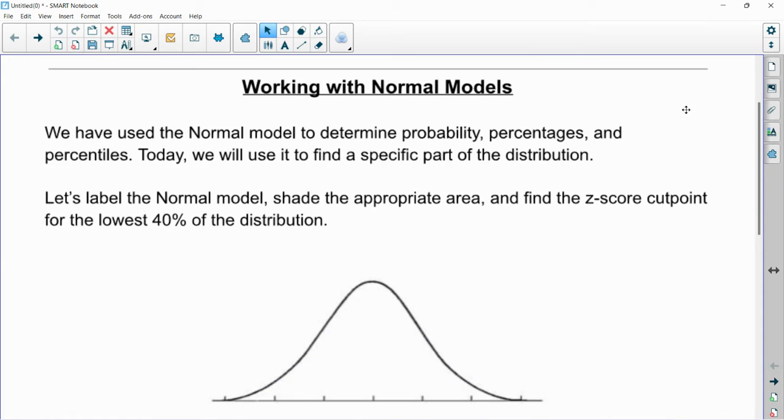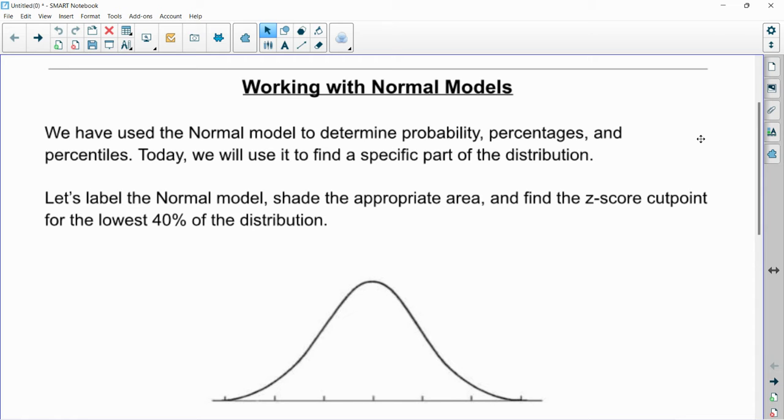And basically, what we're going to talk about today is working backwards from what we have been doing with the normal model. So for our normal model, we've generally been working with values that we've been given. For example, we might be told that the average SAT score is 1,000 with a standard deviation of 150, and we're asked for the percentage of students taking the test that score below an 800 or above a 1350 or between 1,000 and 1,100.